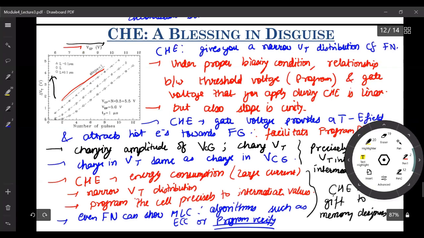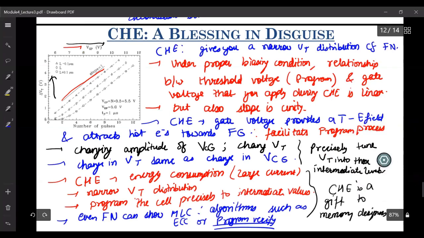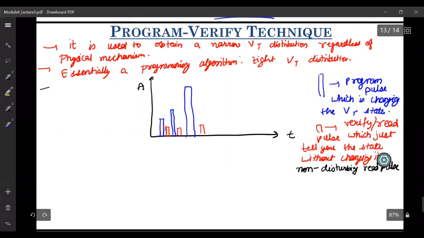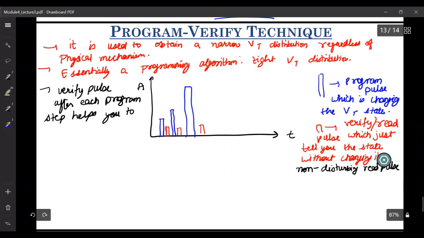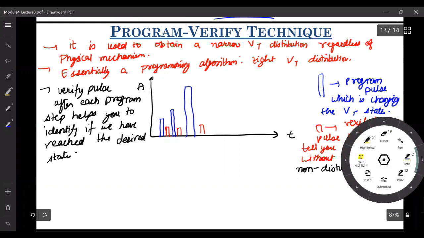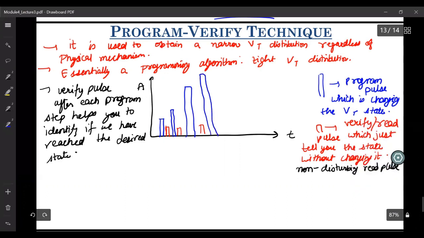What this verify pulse after each program step helps you to achieve is to identify if we have reached the desired state. If we have reached it, it's fine. If we haven't, then you continue applying programming pulses of higher magnitude.